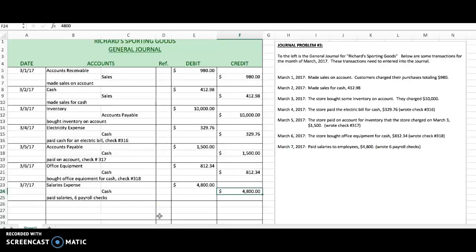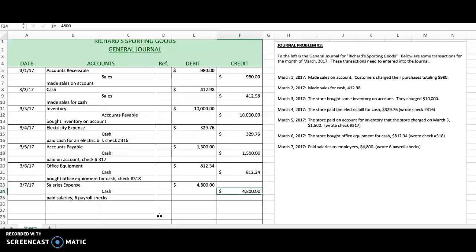What you might want to do is to go over this maybe a couple of times. Again, look at the transactions, look at the entries in the journal, and see if you can make sense of why certain accounts are debited, which ones are credited. You need to simply memorize the kind of account, what's debited, what's credited, what's increasing, what's decreasing.